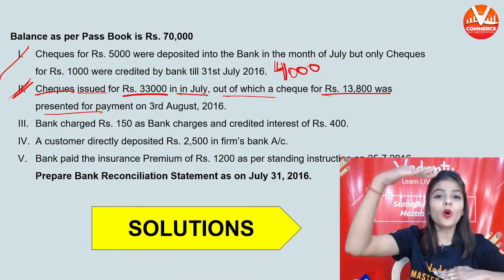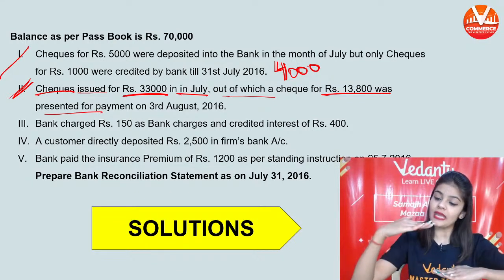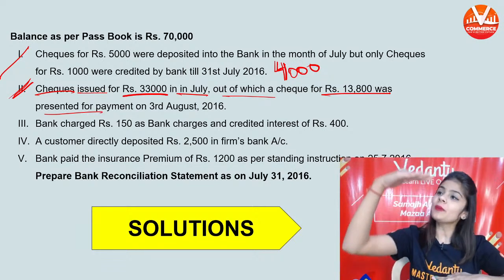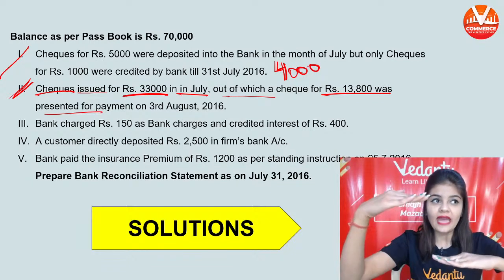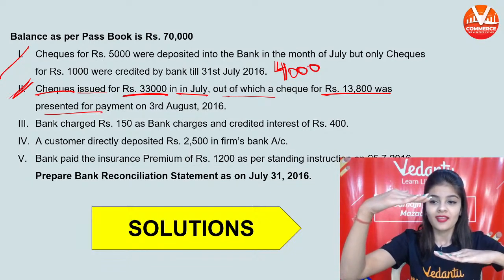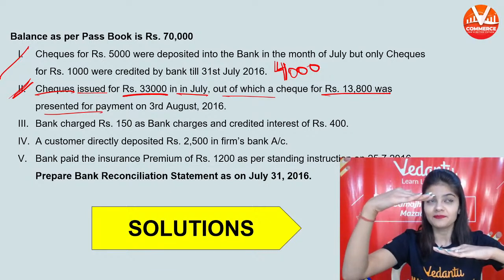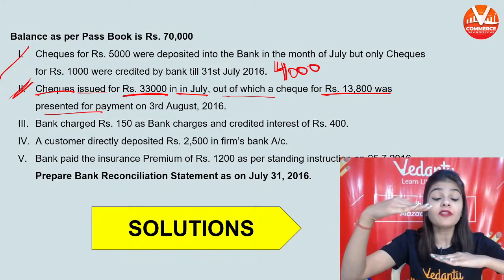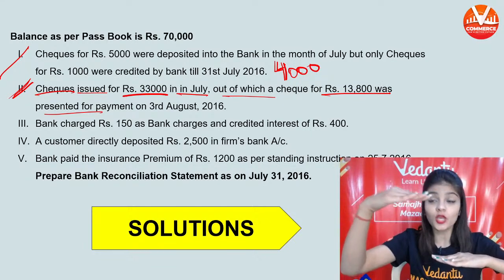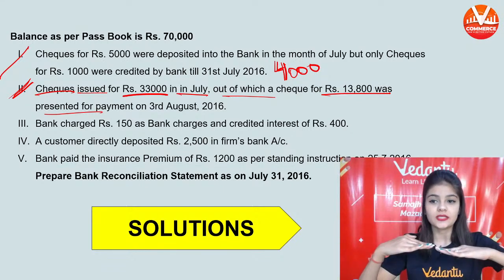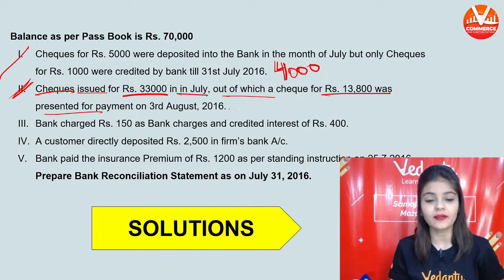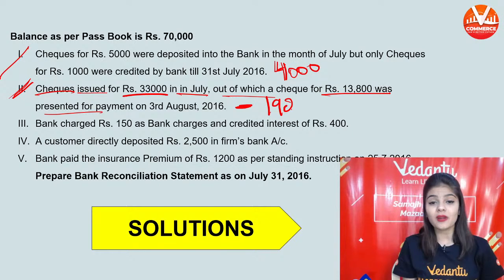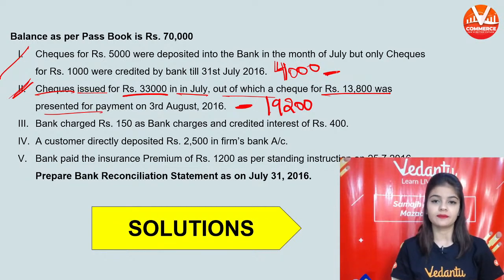But in passbook, only 13,800 is presented. passbook में कितना present हुआ है? सिर्फ 13,800. So there is a difference of 19,200, and what we will do in passbook, you will minus the balance. From passbook, we will subtract 19,200.